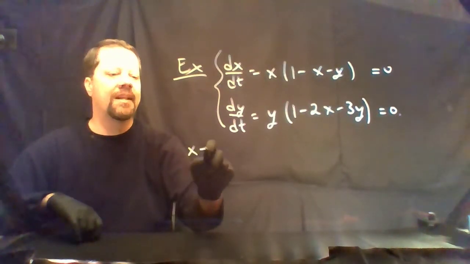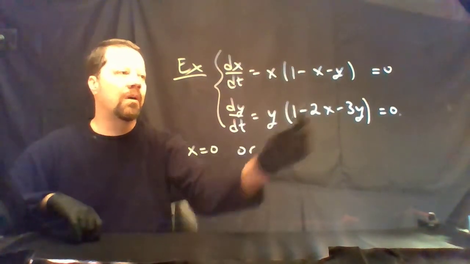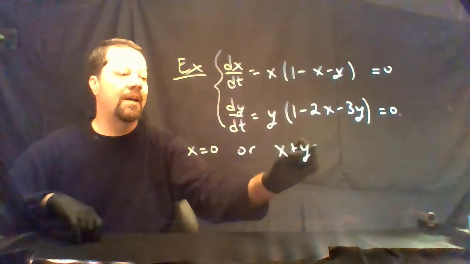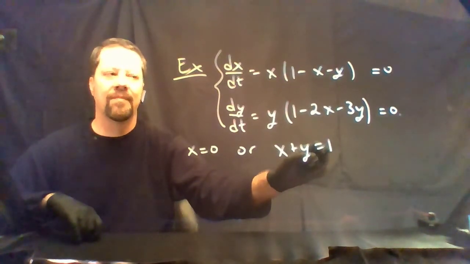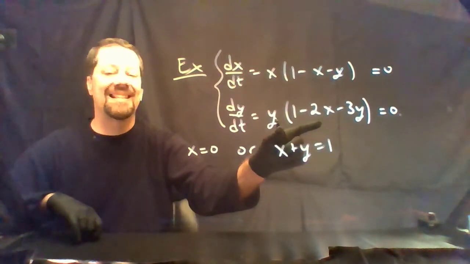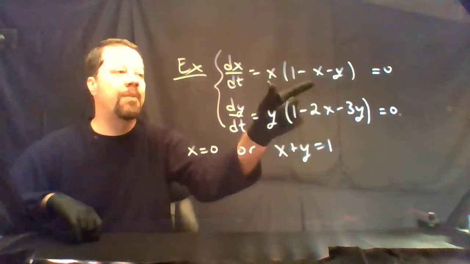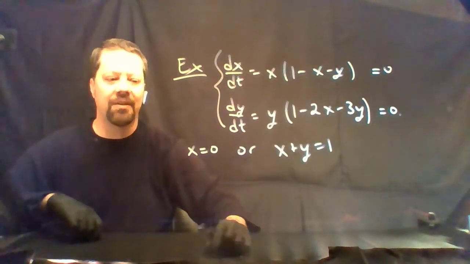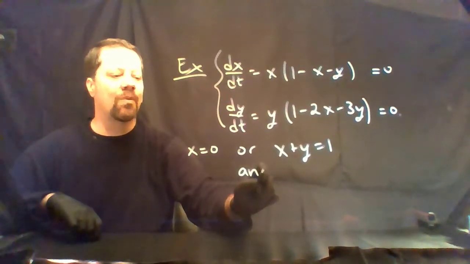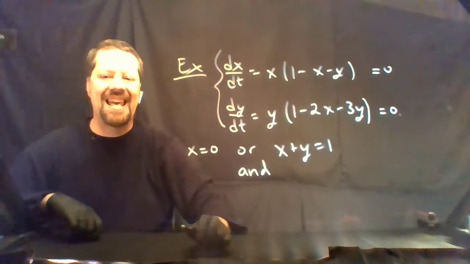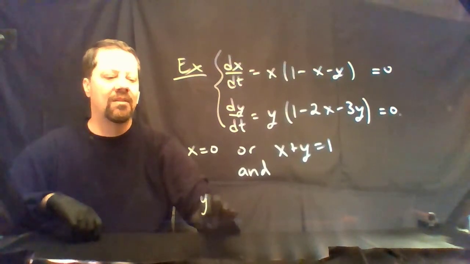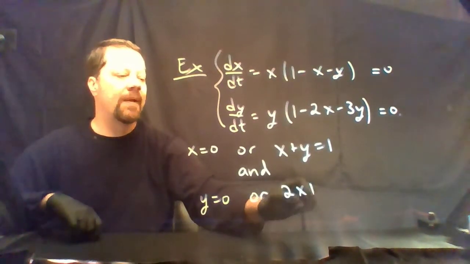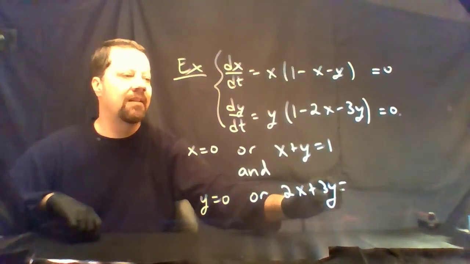So we deduce that x is 0, or if this is 0, then x plus y equals 1. But at the same time, to be in equilibrium, both this equation must be 0 and this equation must be 0. So in between that or statement, we have an and statement. y is 0 or 2x plus 3y equals 1.